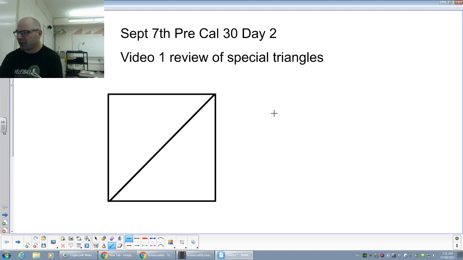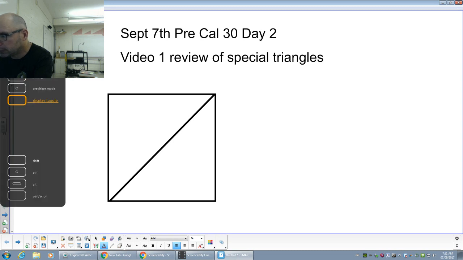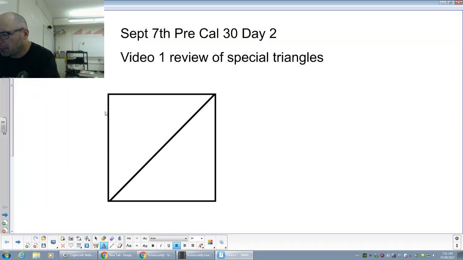Okay, and if I change to my marker here, there it is. Okay, so this is a 90-degree angle, obviously, for the square.